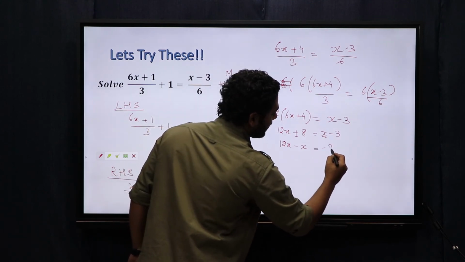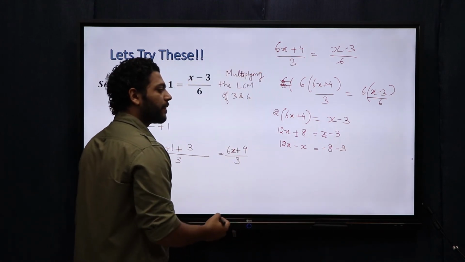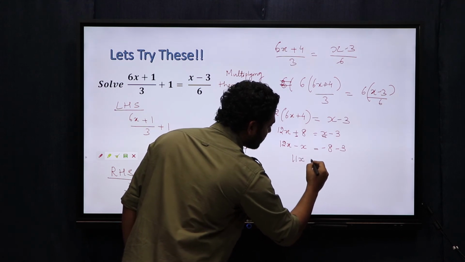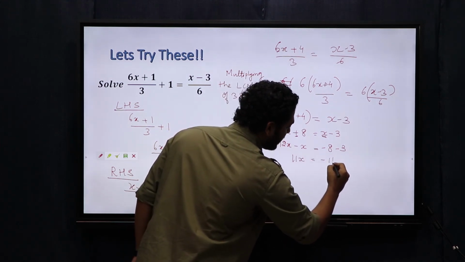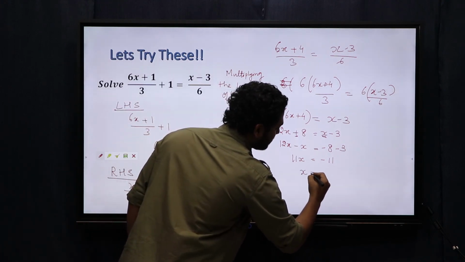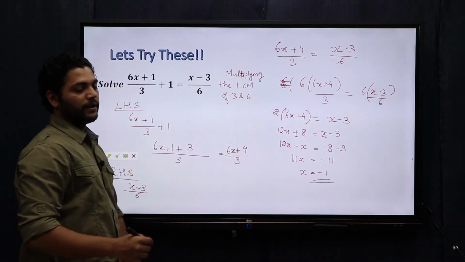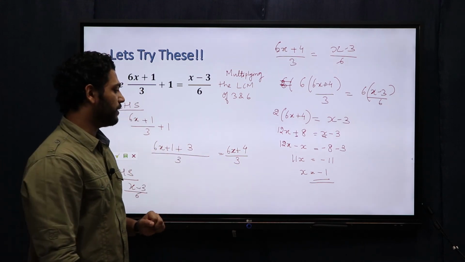So I can write minus 8 and minus 3 is already here, right? I hope this was clear. So I can write this as 11x equal to minus 8 minus 3, which is minus 11. So what is x? x is equal to minus 1. So we have got the solution of this equation as x equal to minus 1.